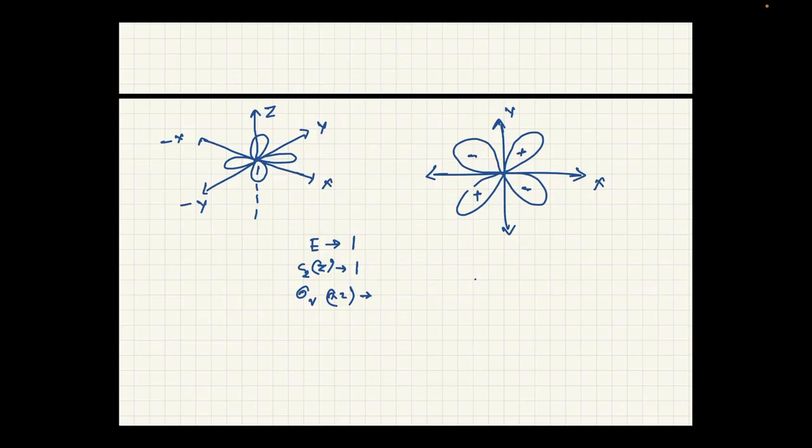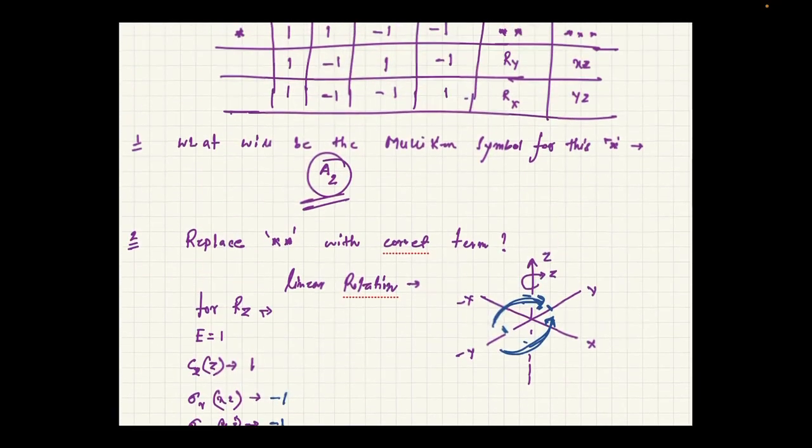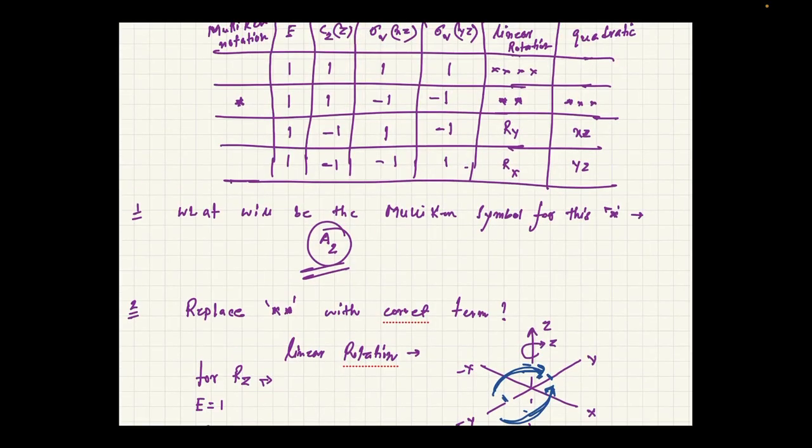So the character will be -1. And for sigma v yz also, the character will be -1. So that's why the binary product of the xy combination will act as a basis for this representation.